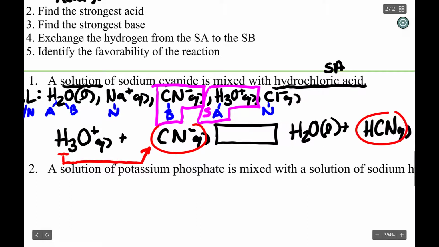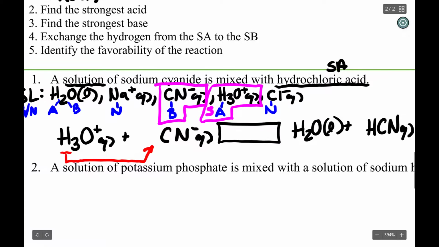That's another conjugate pair. The last thing I have to do is identify whether this is in equilibrium and favors the products, in equilibrium and favors the reactants, or if I just have a quantitative reaction. Now, whenever I have a strong acid with any base, I'm just assuming that it's quantitative, and so this would go 100% forward.